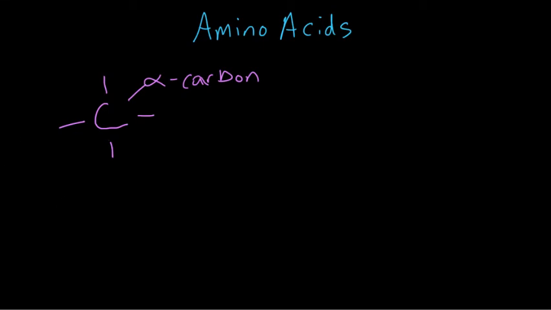Okay, and so 3 of the bonds that it makes are the same across all amino acids. Those bonds are a covalent bond with a simple hydrogen, another covalent bond with a carboxyl group, so a carbon that has a double bond with one O and another bond with a hydroxy group, and it also makes a bond with an ammonia group, or an amino group, because it's connected to a nitrogen.